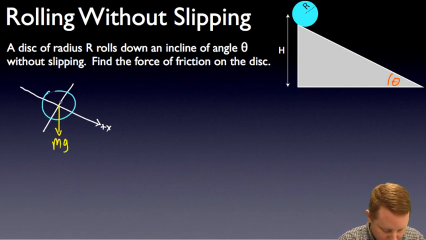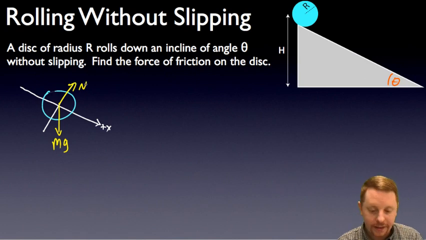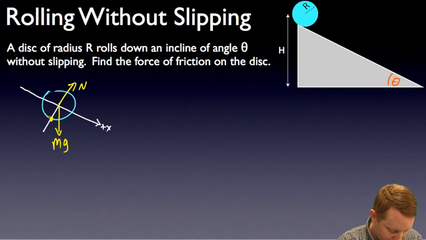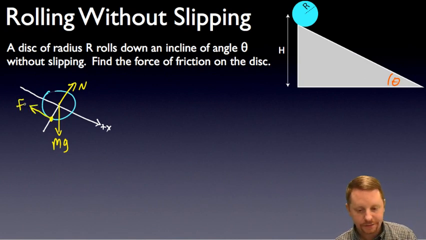We must have the normal force, N, acting out of the plane of the ramp, and the force of friction. And the force of friction is going to act at the point of contact. So our force of friction here must be that way.